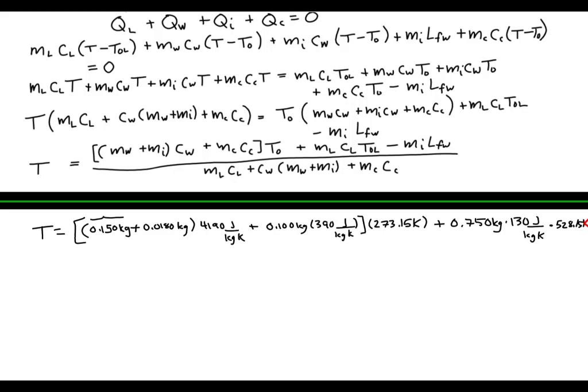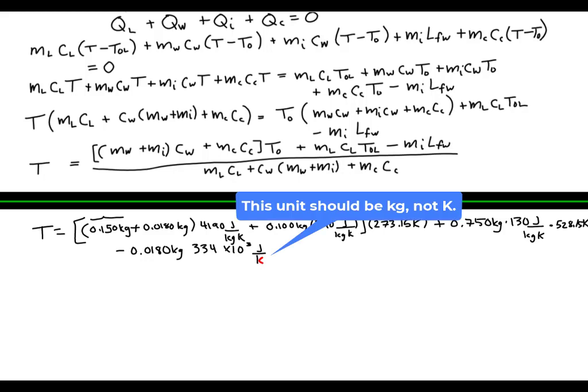And then we are going to subtract the mass of the ice. The ice is 0.0180 kilograms, times the heat of fusion for water. So I'll write that as 334 kilojoules per Kelvin. So that's our numerator.